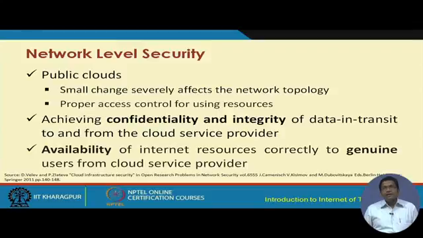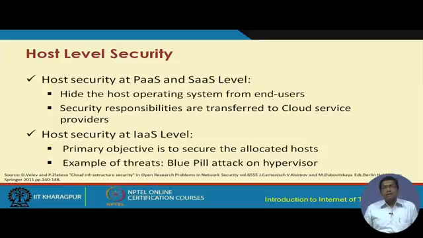So, at the network level, confidentiality and integrity of data in transit, data flowing into the cloud and coming out of the cloud, has to be ensured by the cloud service provider. Availability of internet resources correctly to genuine users from the cloud service provider is another issue of concern at the network layer.